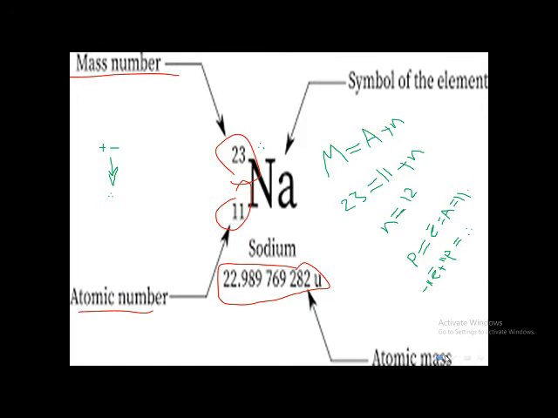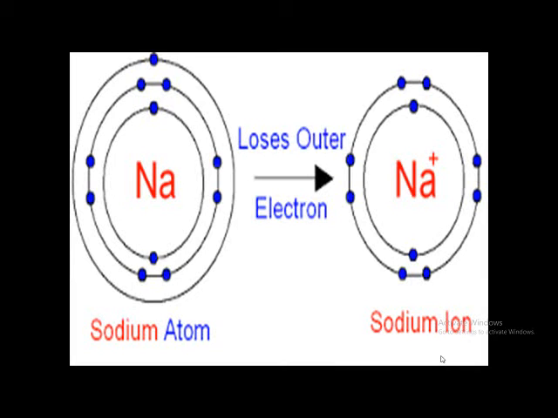So let's go to this example here. Look here, we have a 0 charge, right? And here we have a positive charge. So what does that mean? If an atom becomes a positive charge from a 0 charge, that means we decrease or increase the number of electrons.